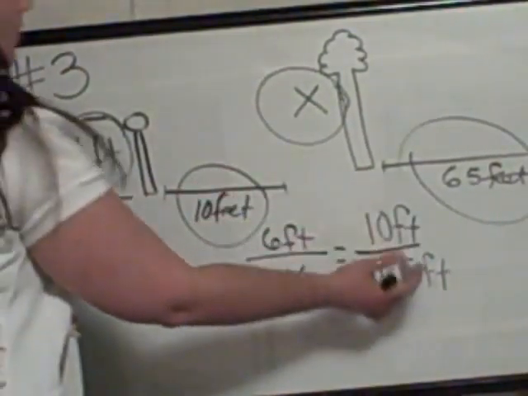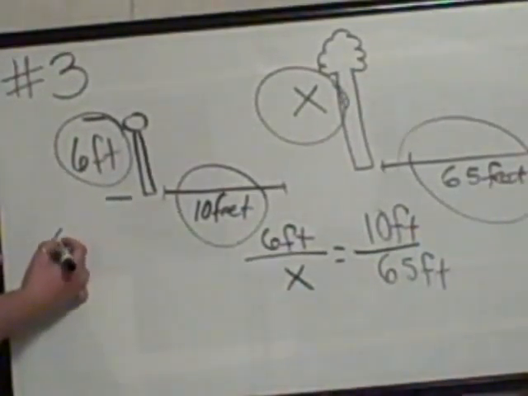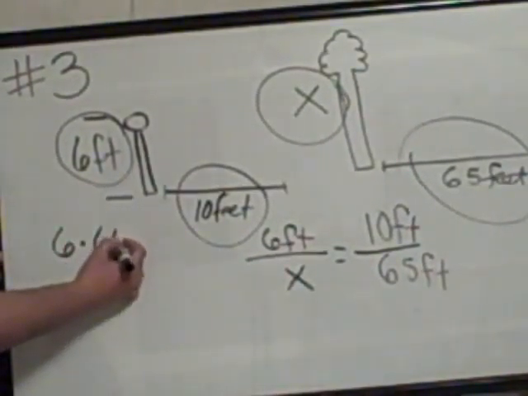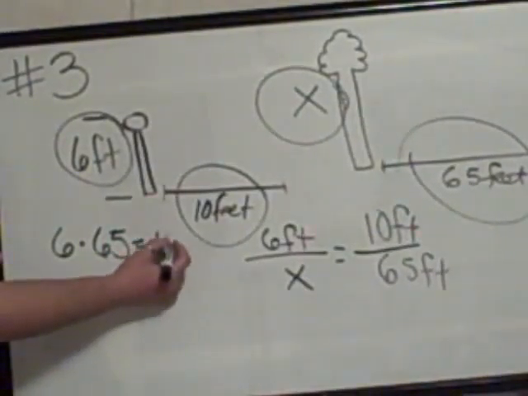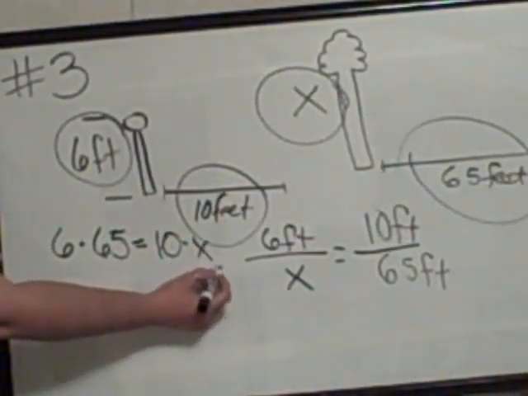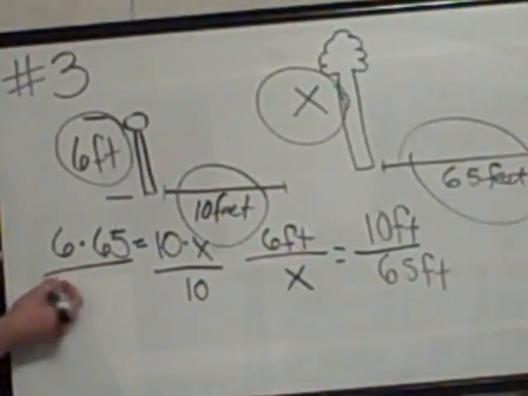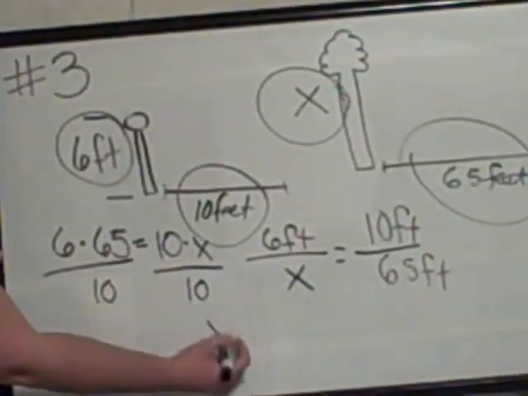And then we solve the proportion using cross products. 6 times 65 equals 10 times x. Dividing both sides by 10 will get x by itself.